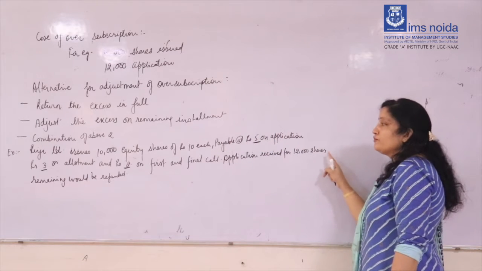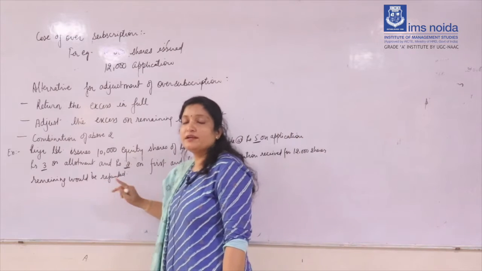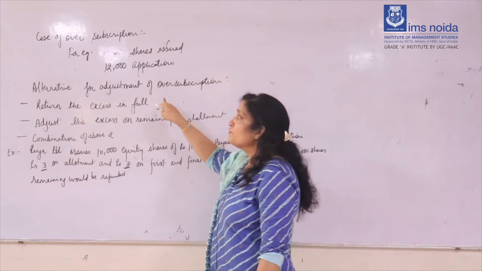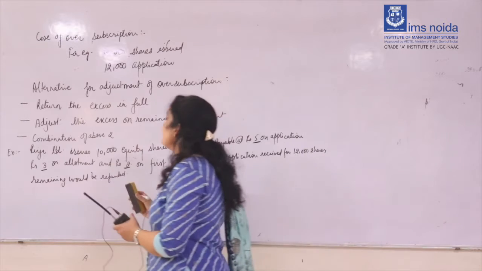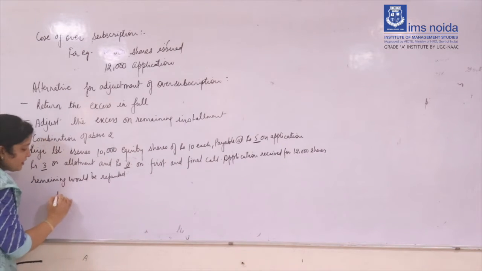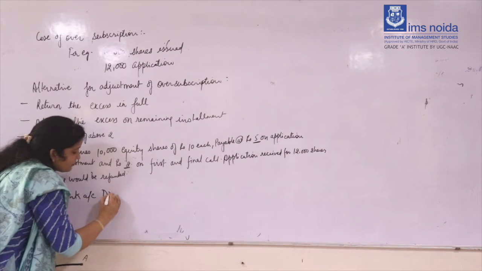Applications received for 12,000 shares, the remainder to be refunded. So we are solving for returning the excess in full. How will we solve it? The first entry will be bank account debit.